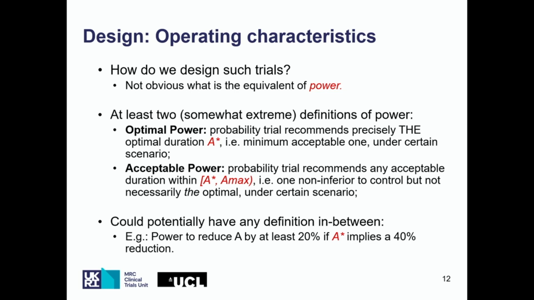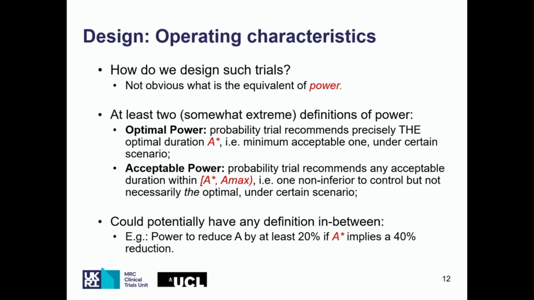Sometimes it's a bit too optimistic to aim for optimal power. So another possible approach is to target acceptable power. That's the probability that the trial will not necessarily recommend the optimal duration or frequency of treatment, but a duration that is in the range from A star to A max excluded. So a duration that is non-inferior to the standard control treatment duration.